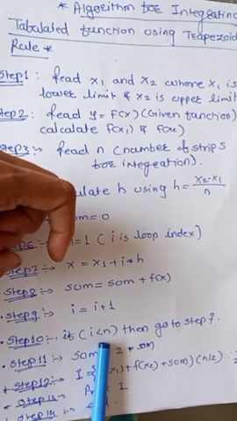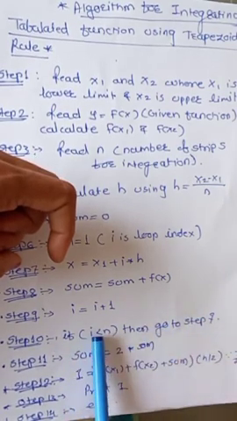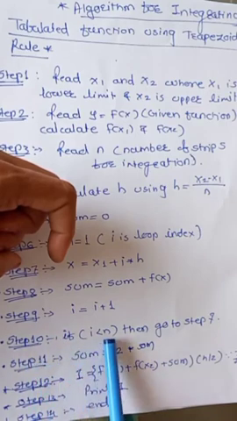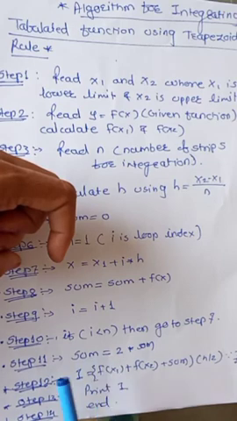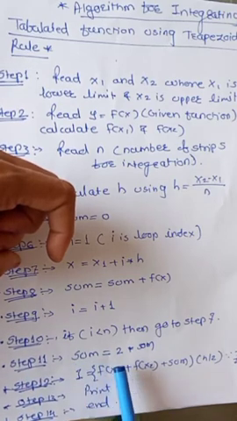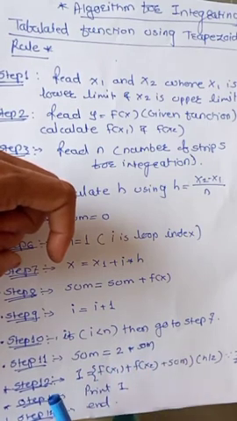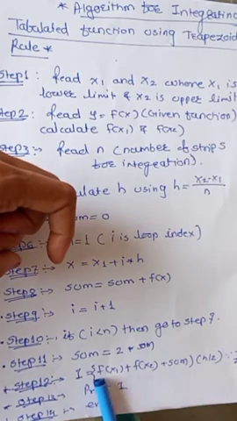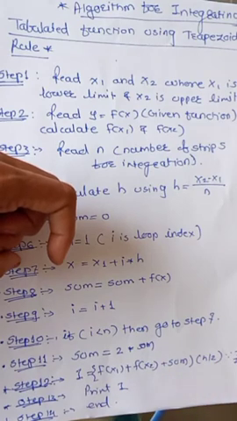If the condition is not satisfied, that is, if both values are equal, then we come out of the loop and perform step 11, that is sum is equal to 2 into sum. Then we calculate the integration, that is, (f of x1 plus f of x2 plus sum) into h by 2.